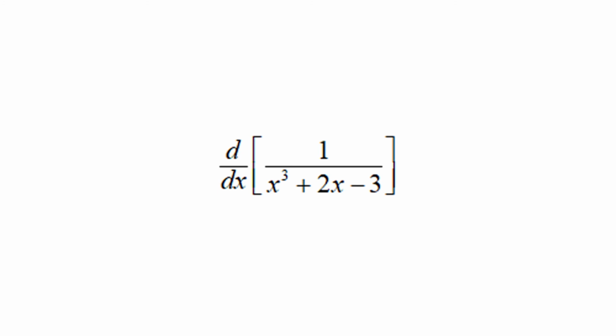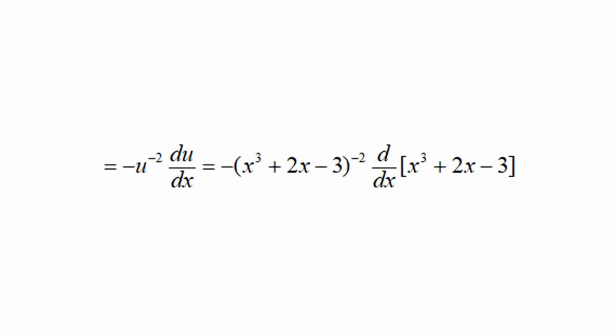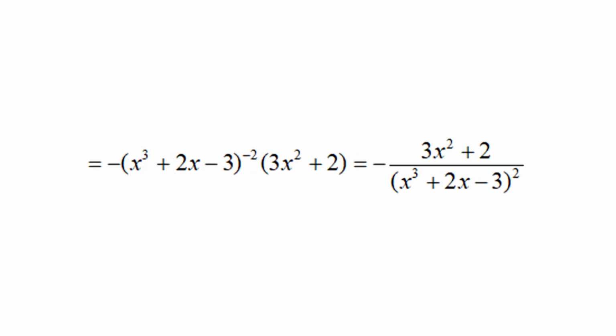If we take u = x³ + 2x − 3, then d/dx of 1/(x³ + 2x − 3) = d/dx of (x³ + 2x − 3)^(−1) = d/dx of u^(−1) = d/du of u^(−1) × du/dx = −u^(−2) du/dx = −(x³ + 2x − 3)^(−2) d/dx of (x³ + 2x − 3) = −(x³ + 2x − 3)^(−2) × (3x² + 2) = −(3x² + 2)/(x³ + 2x − 3)².